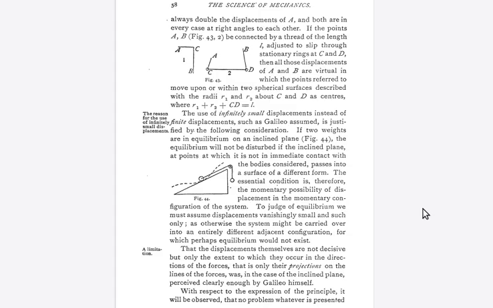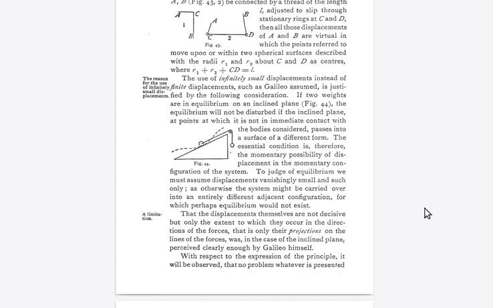The essential condition is, therefore, the momentary possibility of displacement in the momentary configuration of the system. To judge of equilibrium, we must assume displacements vanishingly small and such only, as otherwise the system might be carried over into an entirely different adjacent configuration, for which perhaps equilibrium would not exist.